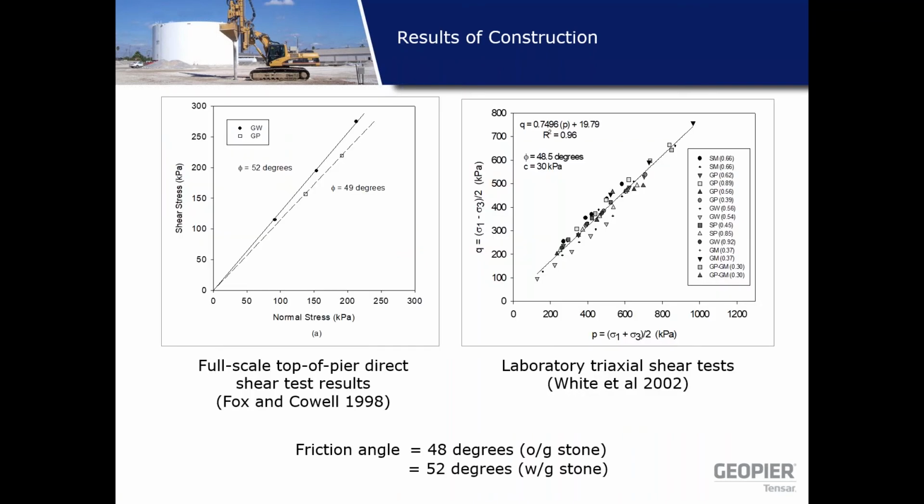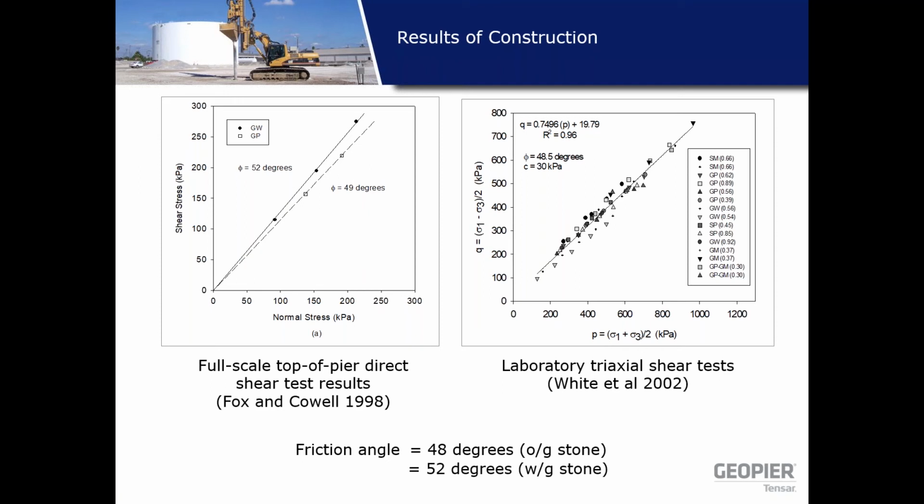We have performed a lot of research, and we also continue to do the same on different technologies and types of materials, and this is showing our results of construction. On the left hand side you see a direct shear test performed by Fox and Cowell in 1998.